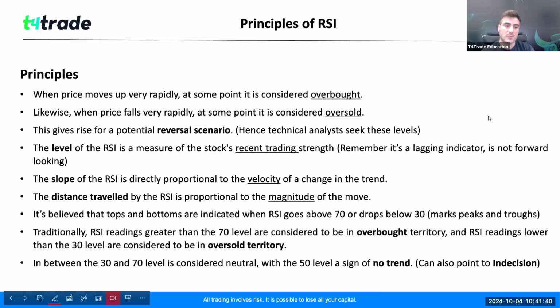Okay, so traditionally RSI readings greater than 70 are considered overbought territory, and RSI readings lower than the 30 level are considered oversold territory. In between the 30 and 70 level, it is considered neutral. The 50 level is a sign of no trend.